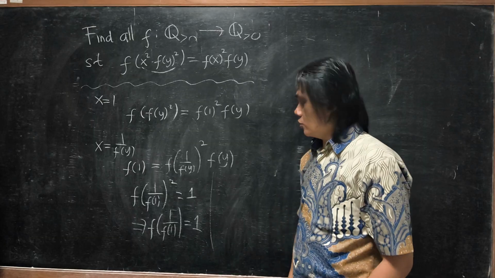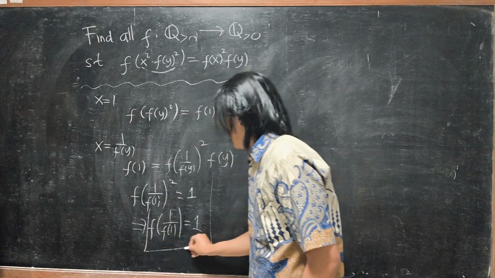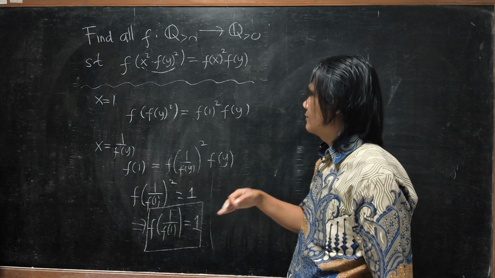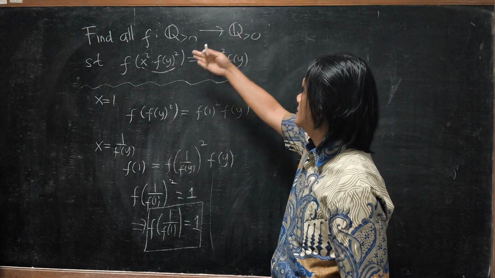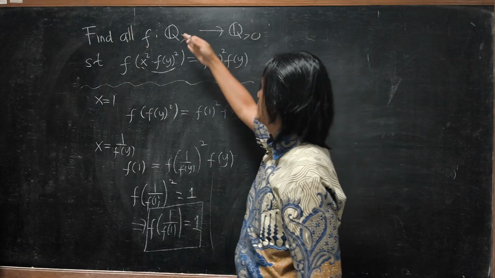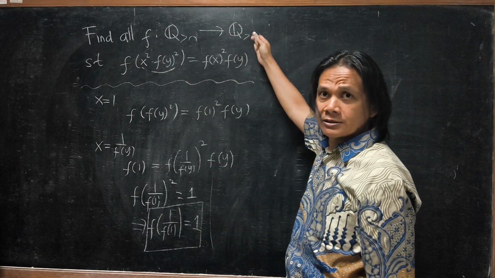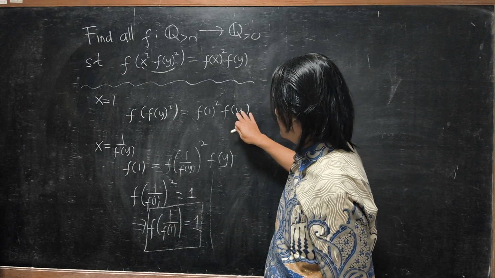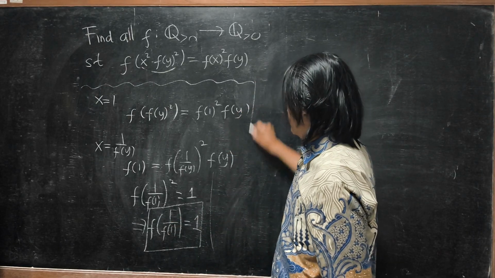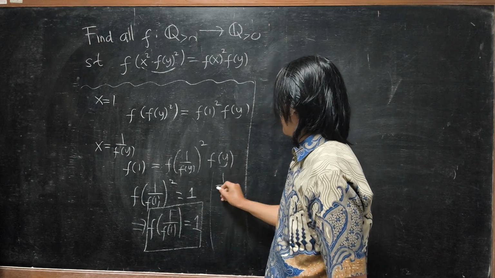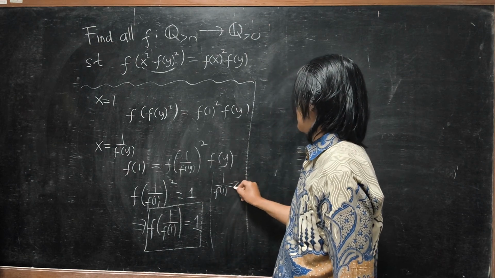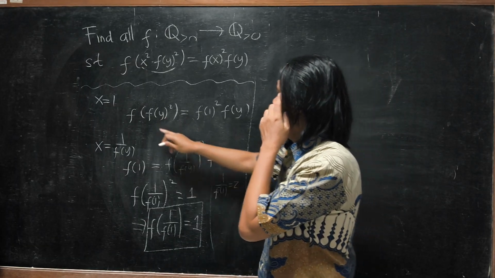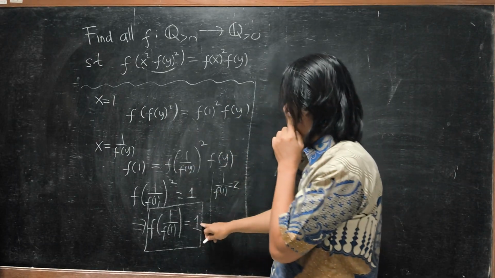Okay? So from this equation, at least we know that there exists some positive rational which is being sent to 1. So let's say this 1 over f(1) is equal to z. If we plug in y equals z there, what do we get? f of z is equal to 1.